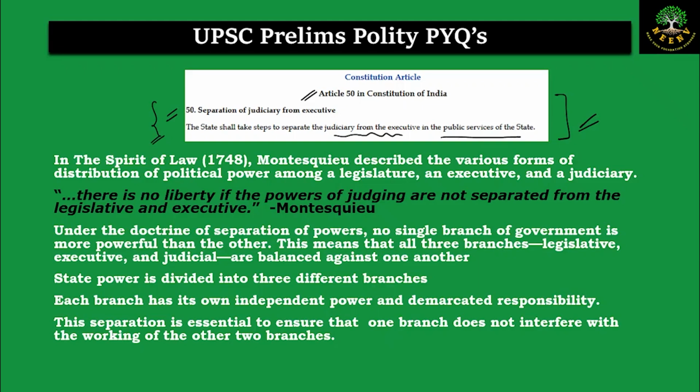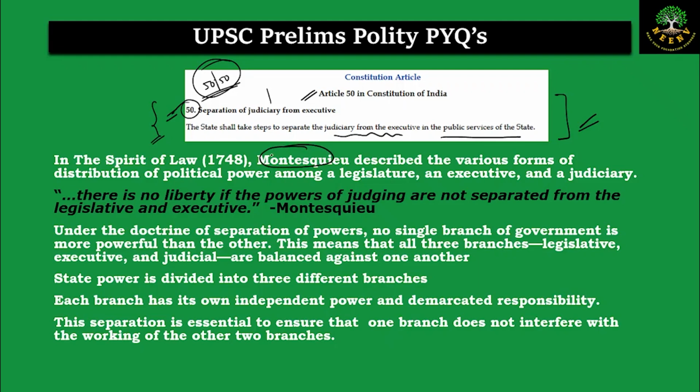Now, how do you remember this? For this, you can use a trick. Remember 50-50. So 50-50 is like dividing. Separation of powers comes in Article 50. So remember this 50-50, separation of powers. Now the concept of separation of powers was given by Montesquieu.